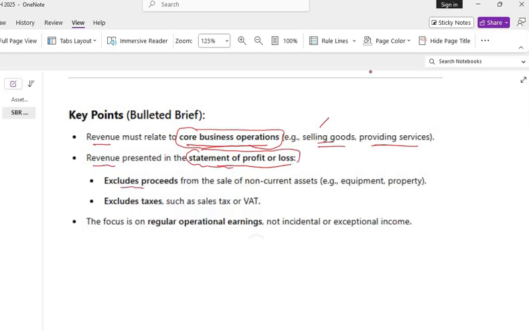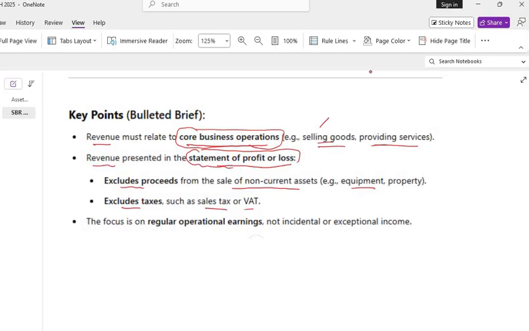About exclusion, I have told you that proceeds from non-current assets like equipment will be excluded from revenue, and we also exclude taxes like sales taxes or VAT. This means that revenue should not include amounts collected on behalf of the government, such as sales taxes or VAT.